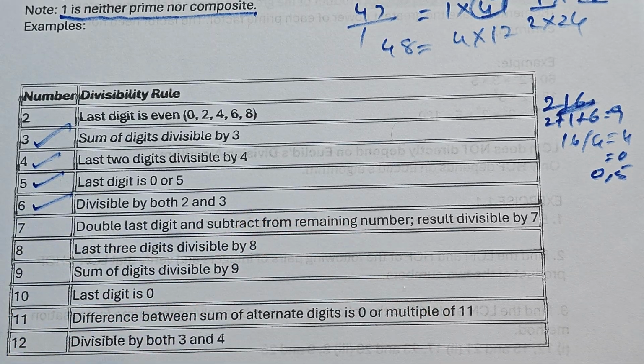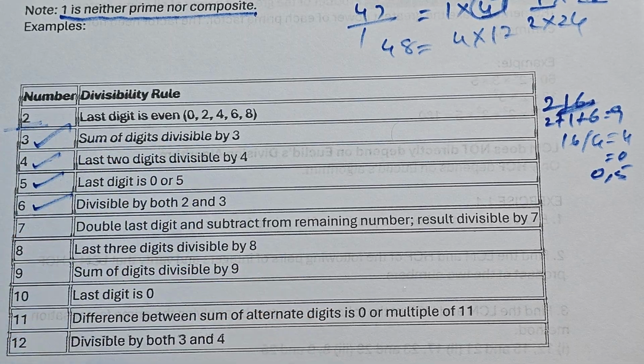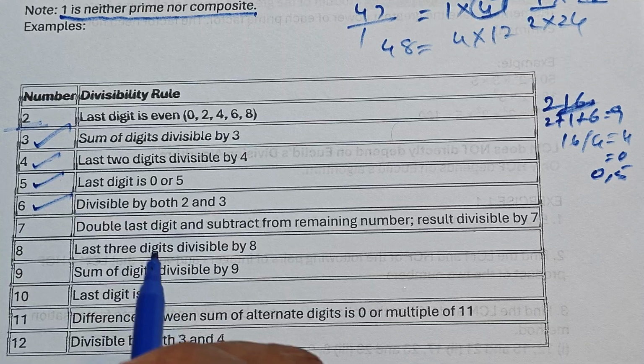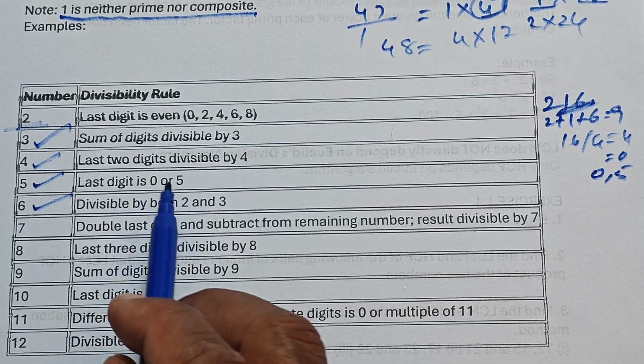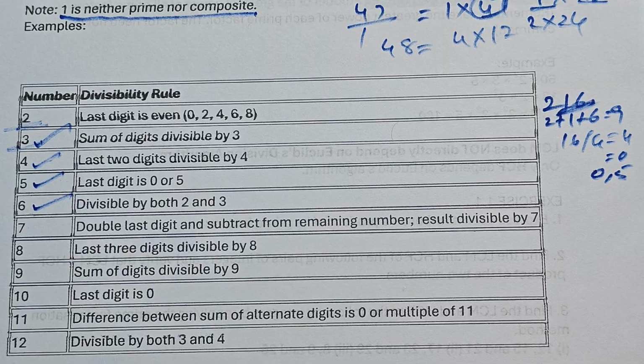So the number should be ending with 0, 2, 4, 6, 8, and for 3 we know that the sum of the digits should be divisible by 3. In that case, the number is divisible by both 2 and 3, and ultimately it is divisible by 6.